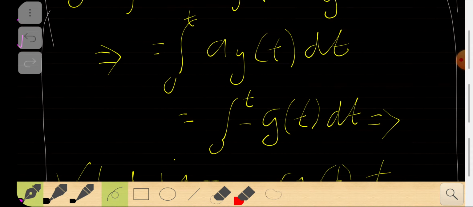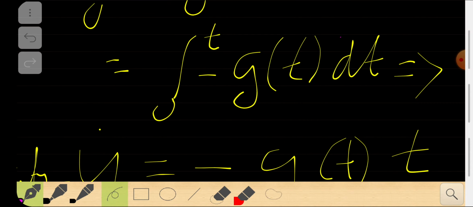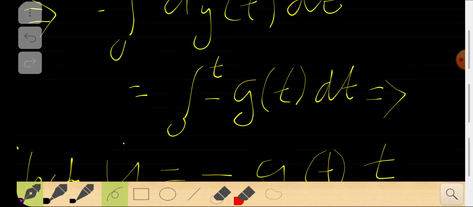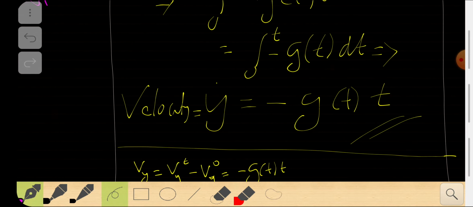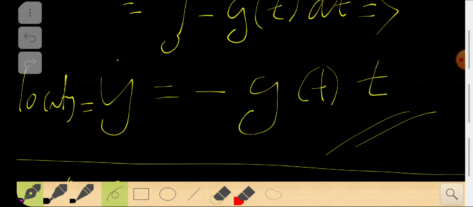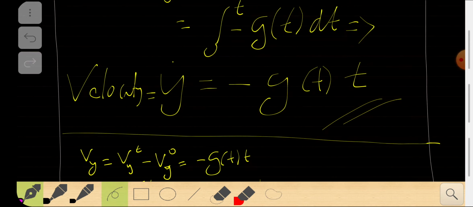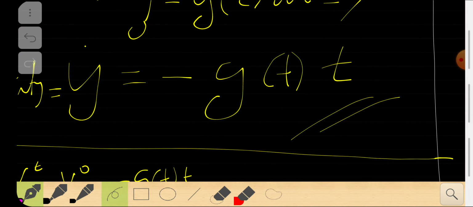That will be the integral from 0 to t of minus g dt, because the acceleration in y is equal to minus g. We have done that earlier. So the integral from 0 to t of minus g dt, within the limits 0 to t, will be minus g times t.